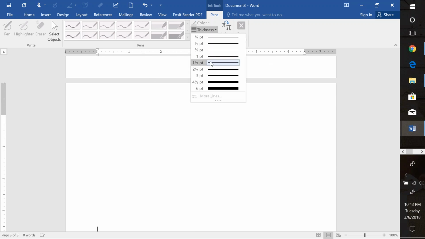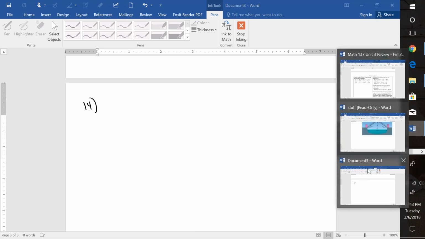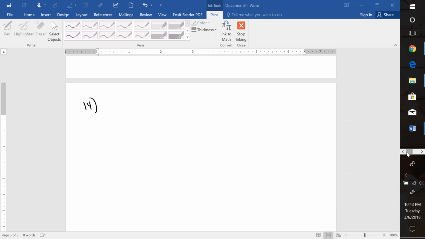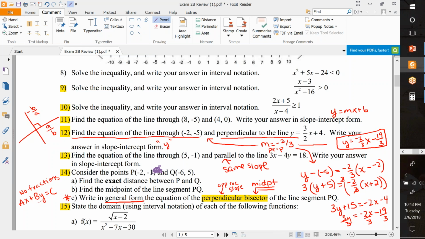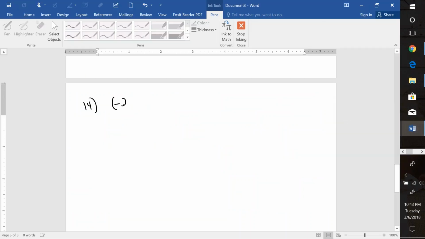So for 14, our 2 points are, because I've already forgotten what they are, (-2, -1) and (-6, 5). And they ask us to do 3 things.